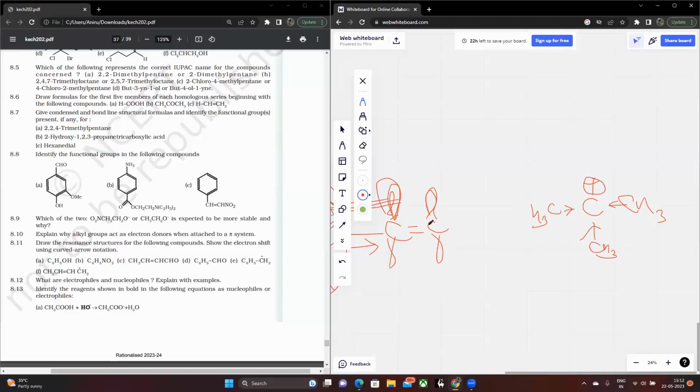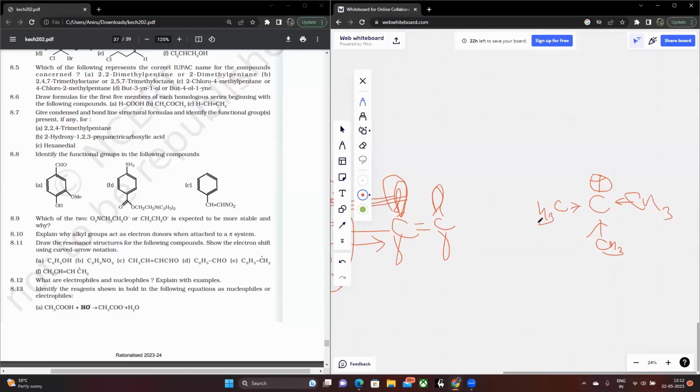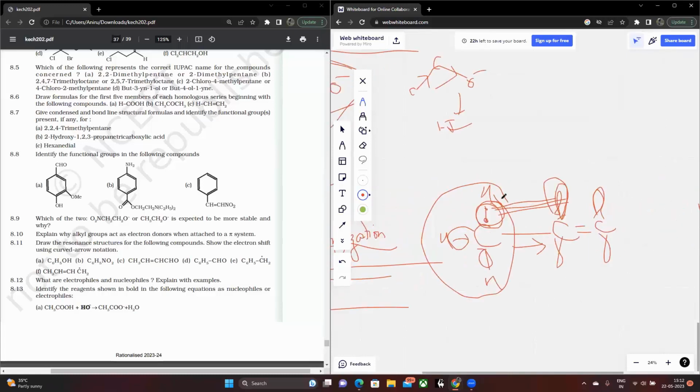And the plus I effect originates because of the hyperconjugation of the 9 CH bonds with this plus, right? At one time, one CH bond of this, one CH bond of this, and one CH bond of this can hyperconjugate with this plus.